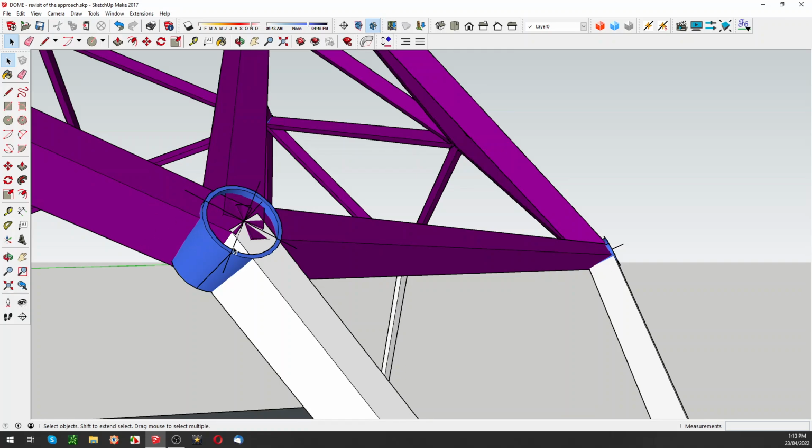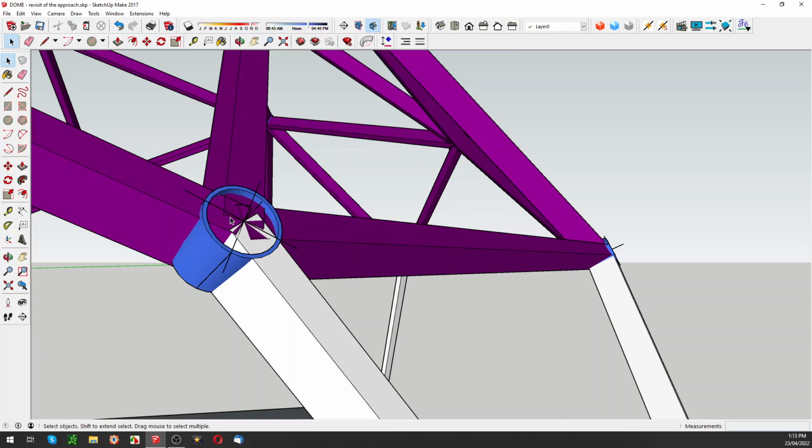But I kept on running into the same problem, that the points upon which the surfaces of the hub meet, they wouldn't intersect each other.